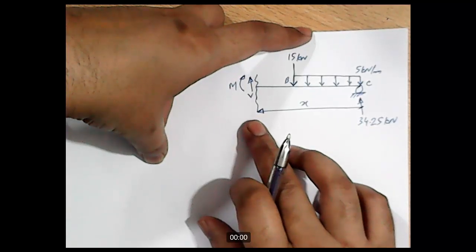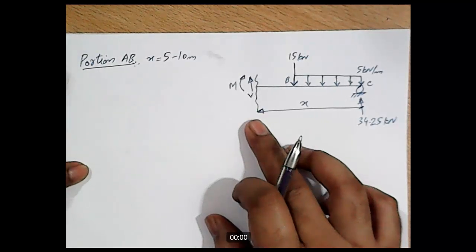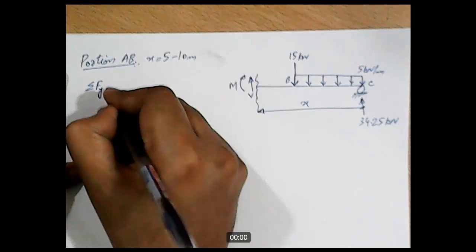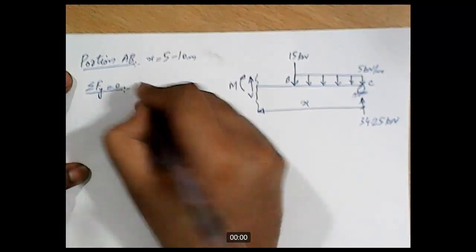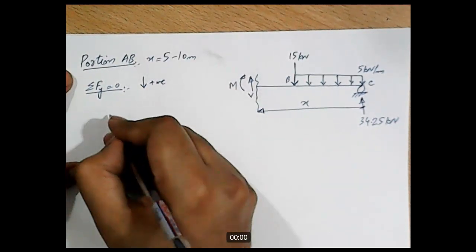Now let's write down the equation of shear force and bending moment. For shear force, we'll take sigma Fy equal to 0, and our convention will be that we will take downward forces as positive.